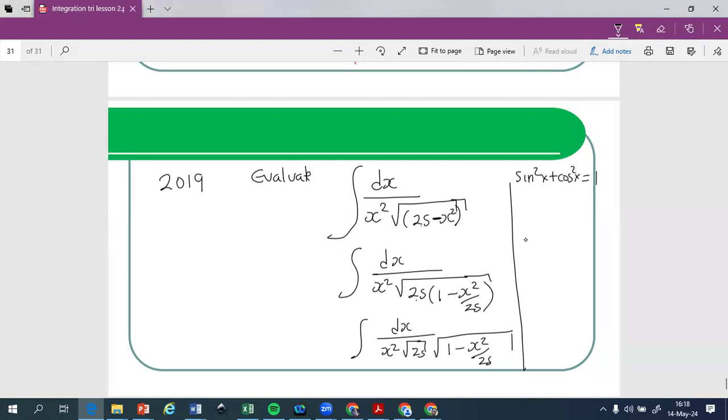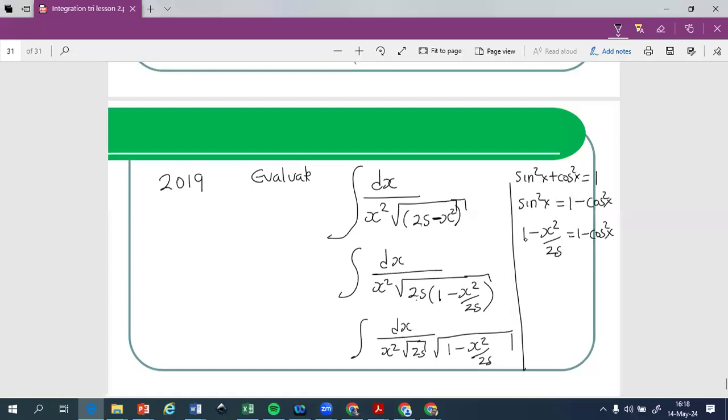It means that sine squared x will equal 1 minus cos squared x. So here, instead we let 1 minus cos squared x. So you say 1 minus x squared out of 25 is equal to 1 minus cos squared x.